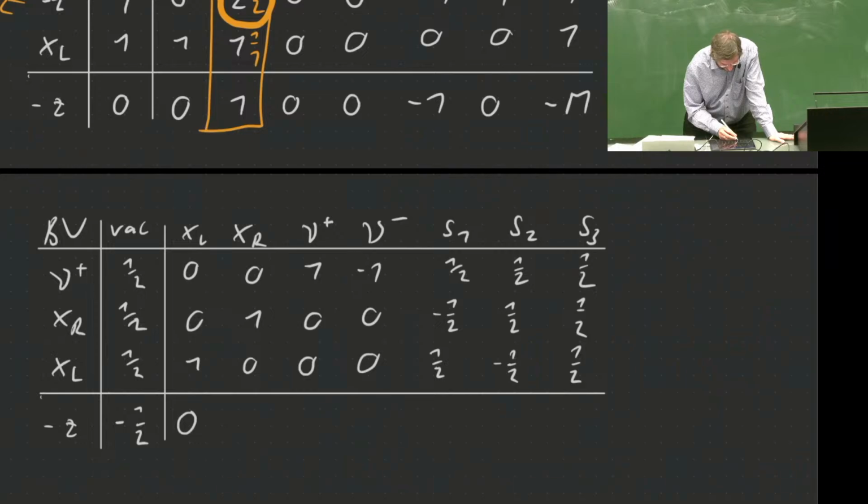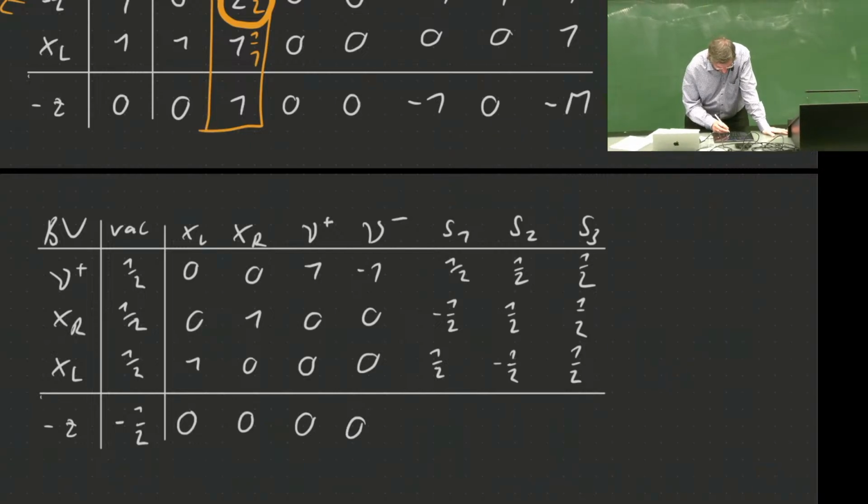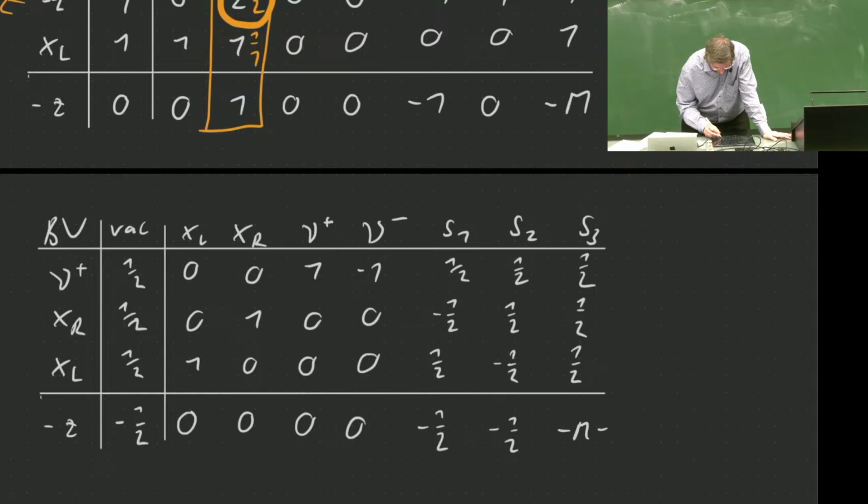This will be 0, right? 0 and 0. Here we get, no, not a 0, sorry. We get a minus 1/2. We get a minus 1/2 here, and we get minus M minus 1/2 here.